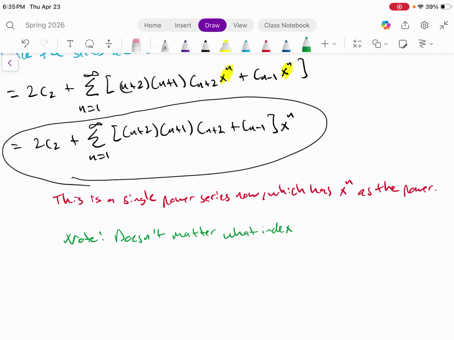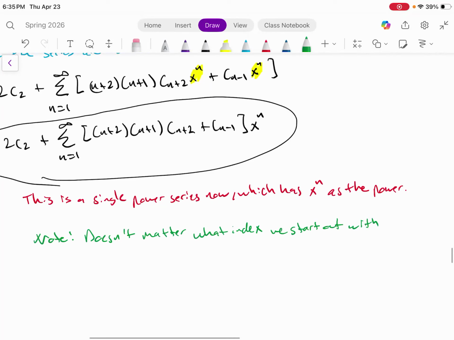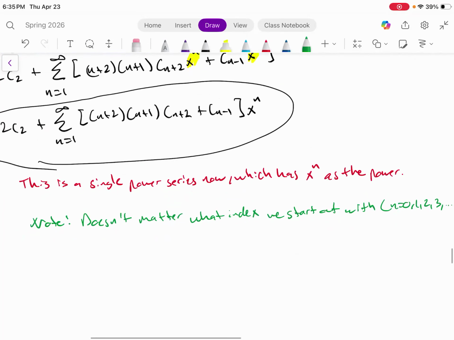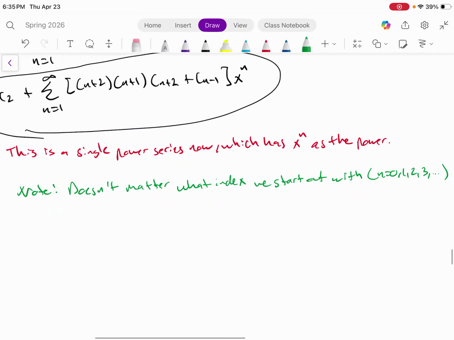Could be 1, it could be 2, it could be 3, could be 0, n equals 0, 1, 2, 3, etc. What we just don't like in power series solutions is if it's negative. We just don't like it when the starting index is negative, and the smallest we want it to be is n equals 1.